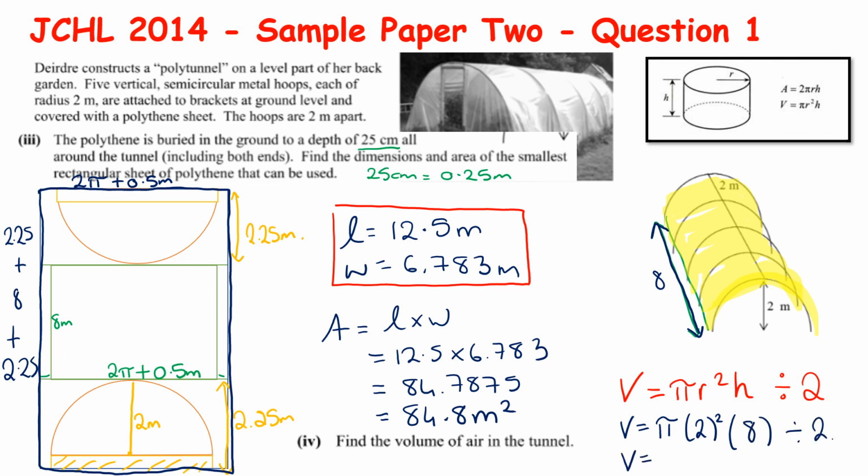So that gives us 16 pi, and let's go to one decimal place again. And because it's a sample paper, it hasn't specified how we should do it, but in an exam they will tell us how to round, and that works out as 3 centimeters cubed.